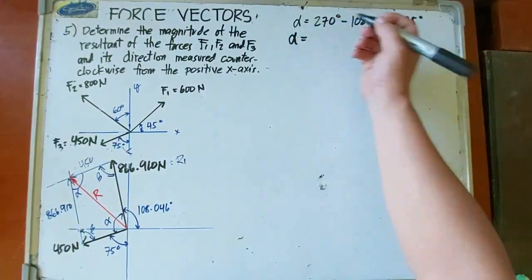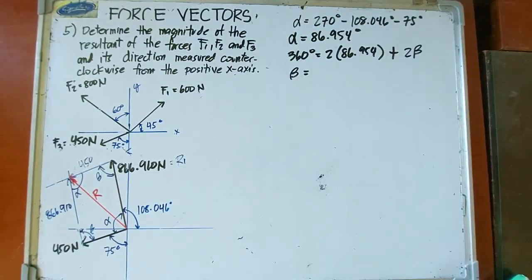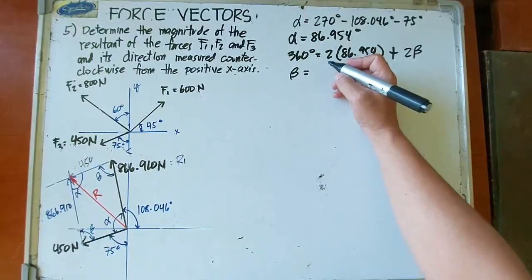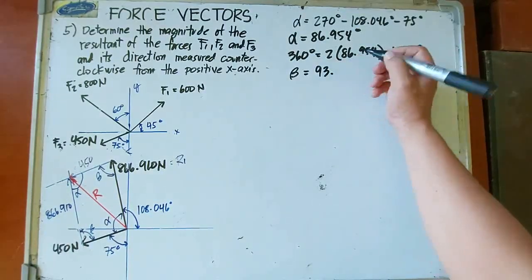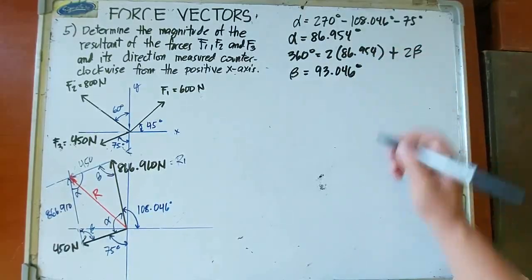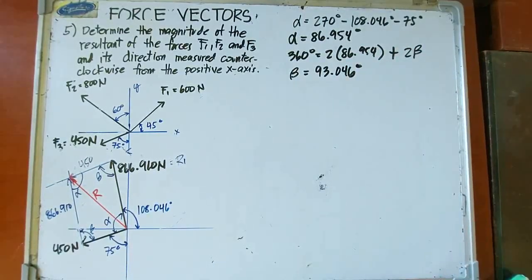So angle alpha is equal to 93.046 degrees. Okay, that's angle beta.